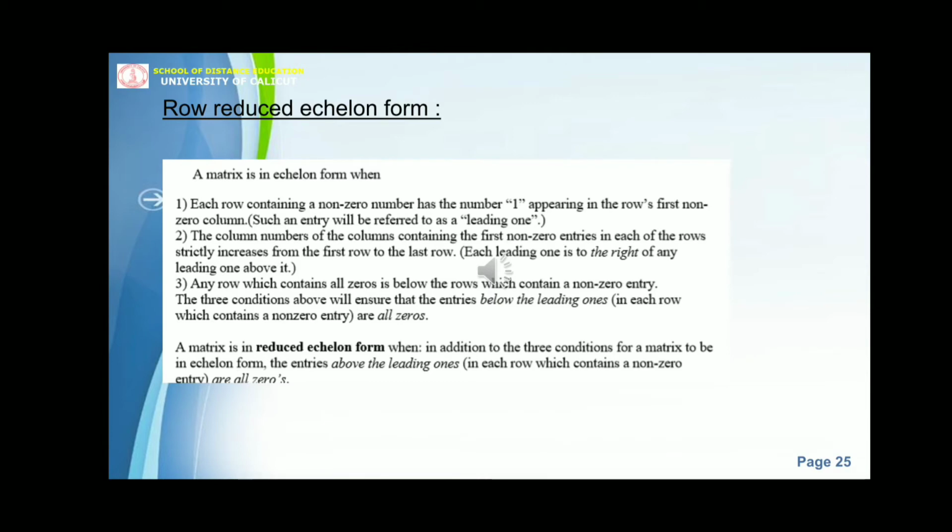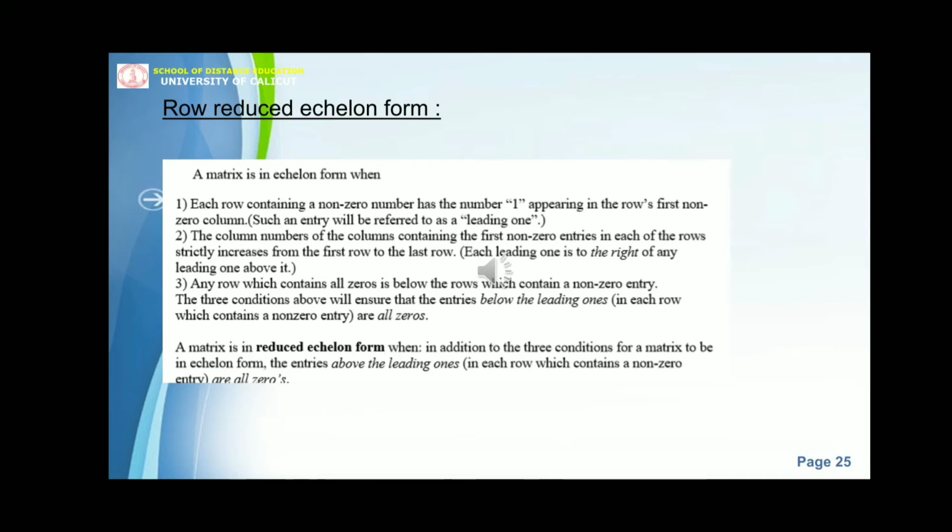Second, the column numbers of the columns containing the first non-zero entries in each of the rows strictly increase from the first row to the last. Third, any row which contains all zeros is below the rows which contain a non-zero entry.